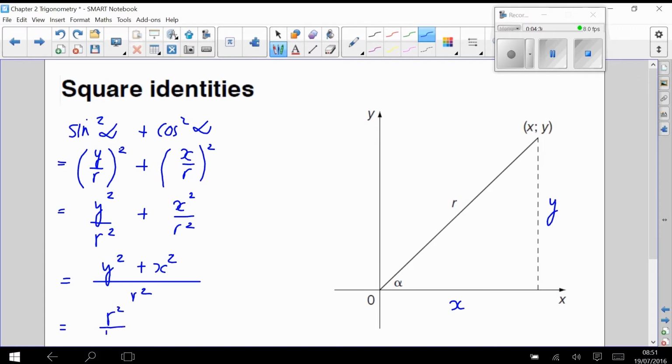And this you'll remember from Pythagoras. In other words, I've now got r squared all over r squared, which is 1. So my first square identity is going to be that sine squared of an angle plus cos squared of the same angle is equal to 1.